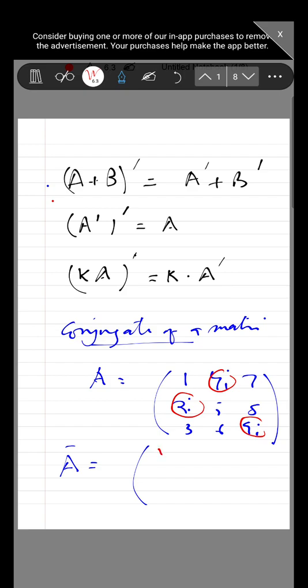That means it will be 1 minus 2i, 3 minus 7i, plus 5, 6 and 7, 8 minus 9i.